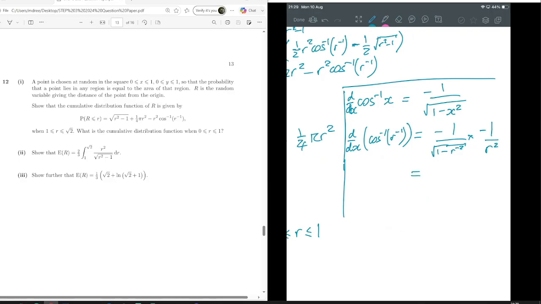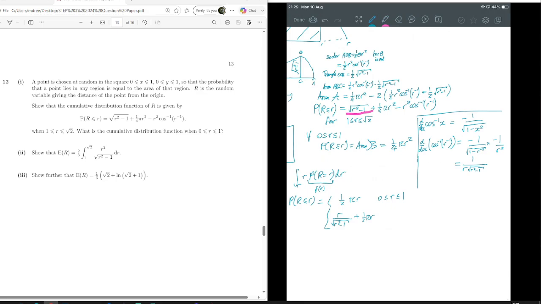And that we can simplify a little bit by pushing the r squared, maybe not the entire r squared. Certainly the negatives cancel. I'm going to push one of the r's under the square root, and we get that.